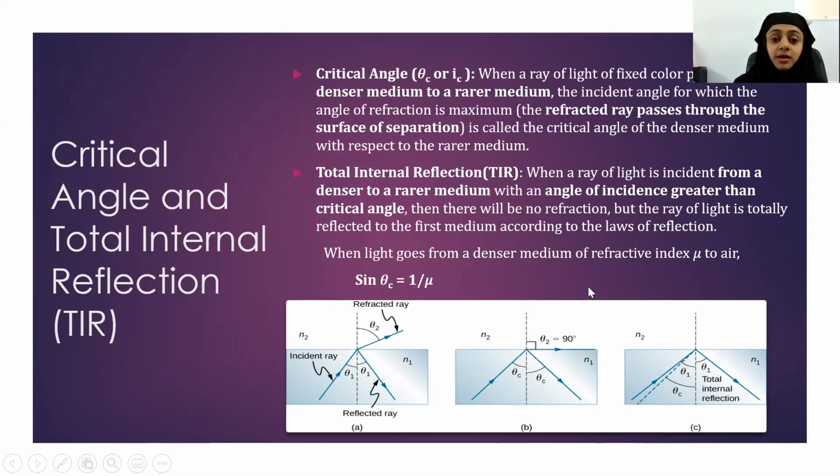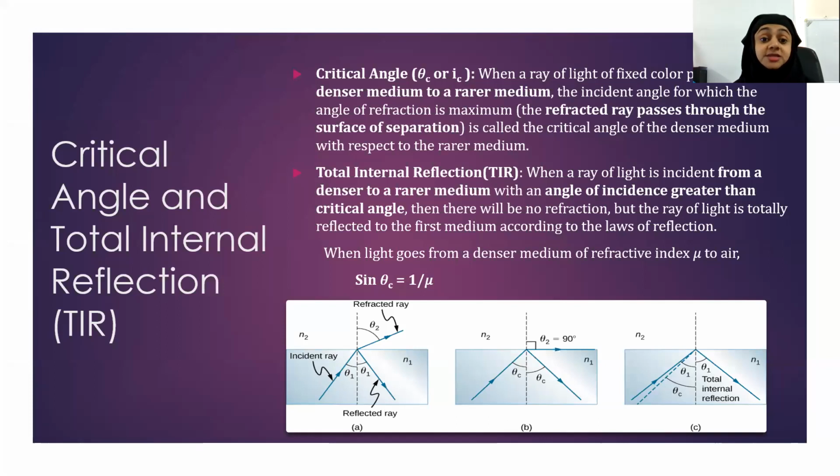So can anyone, like Khadija, can you tell me what are the two conditions for total internal reflection? The ray of light should pass from denser to rarer. Yes, and the incident angle should be smaller than the reflected angle.